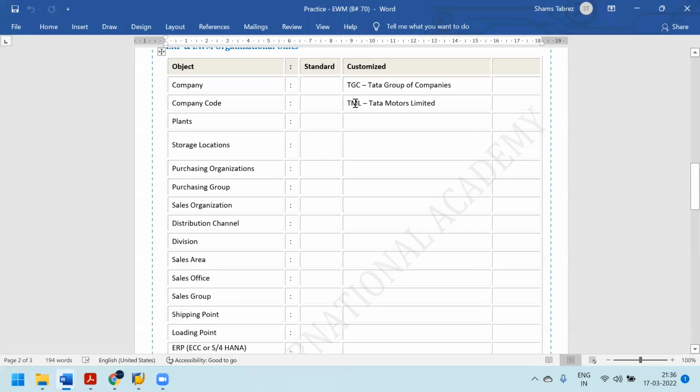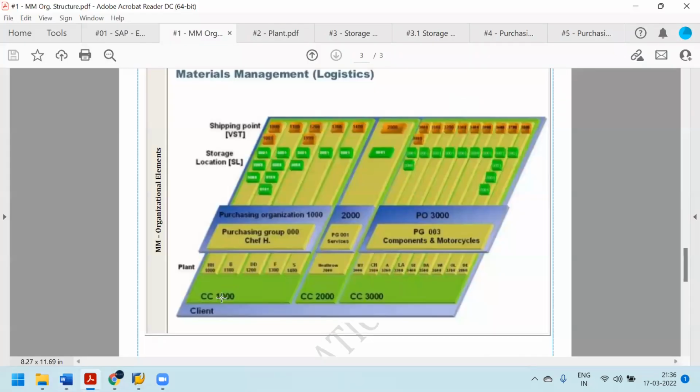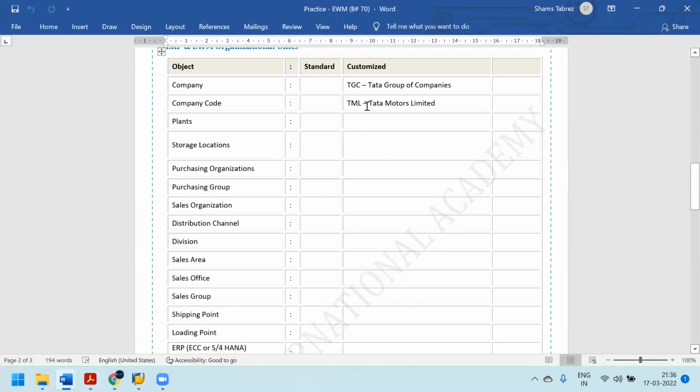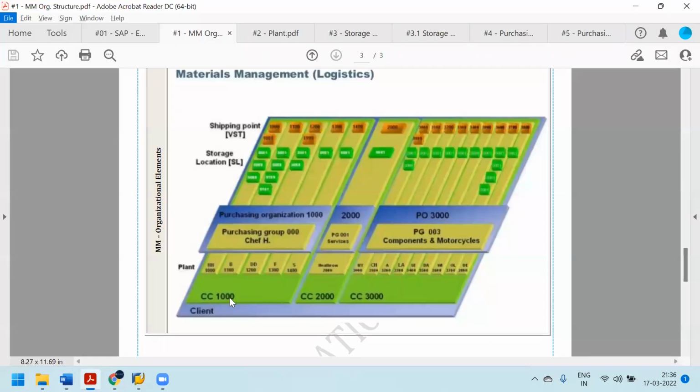We used TML, Tata Motors Limited. Here they have used numbers to represent company code, but in our case we use TML. So here it is company code 1000, then 2000, 3000. It's 4 characters. As you can see, in this client 3 company codes are maintained.